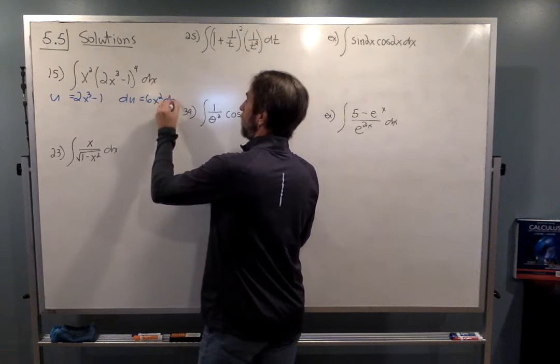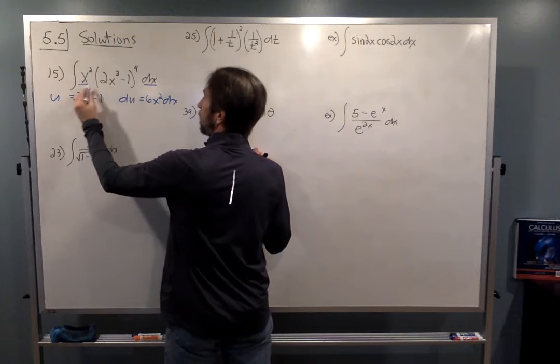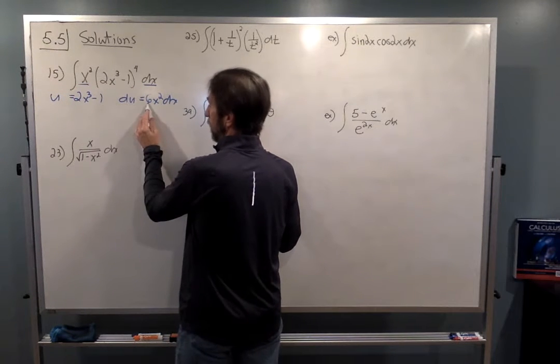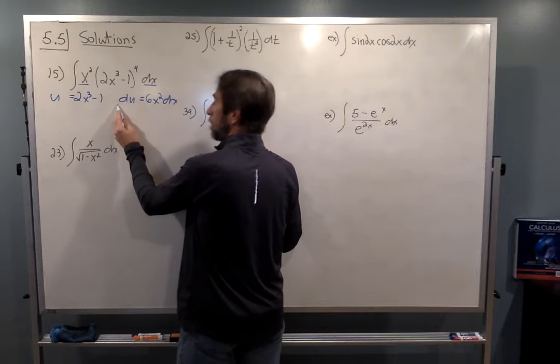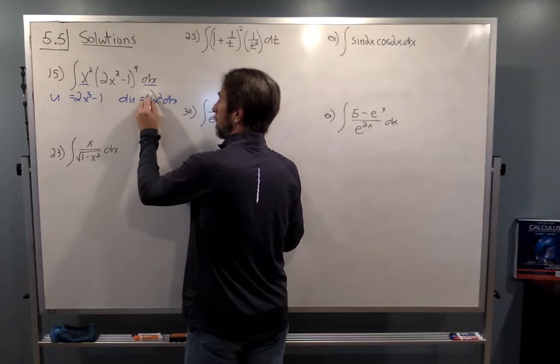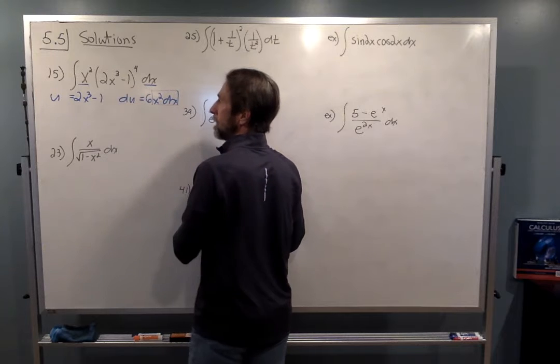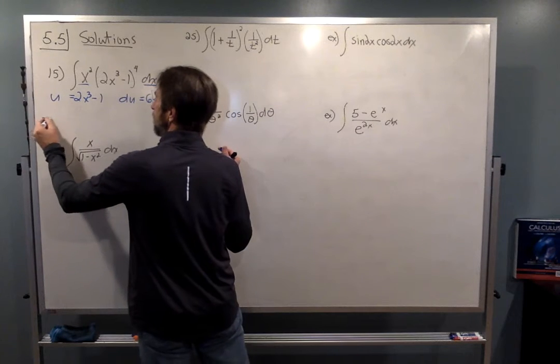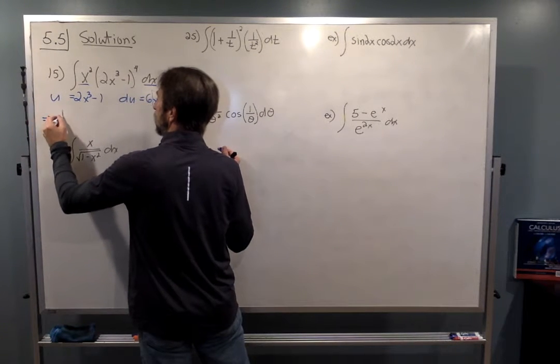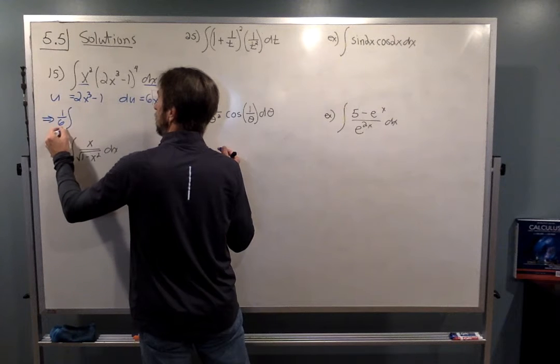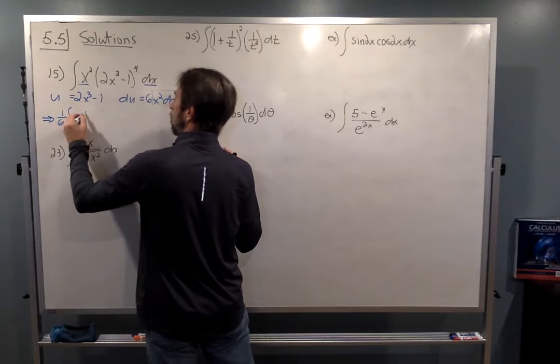Well, I don't really have a 6x squared, but I have an x squared. So I can multiply both sides by 1/6 and replace this x squared dx, what I have underlined, with 1/6 du. So what this now becomes is 1/6 the integral of u to the 4th power.